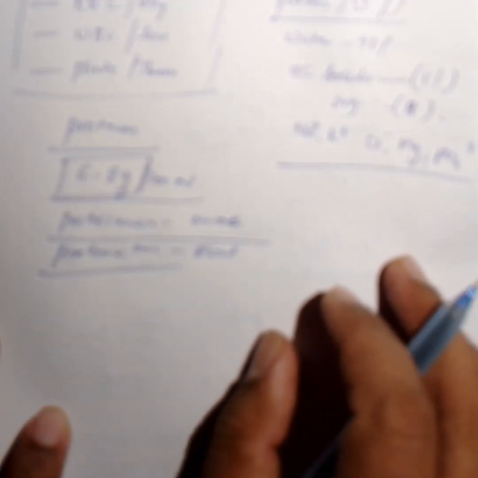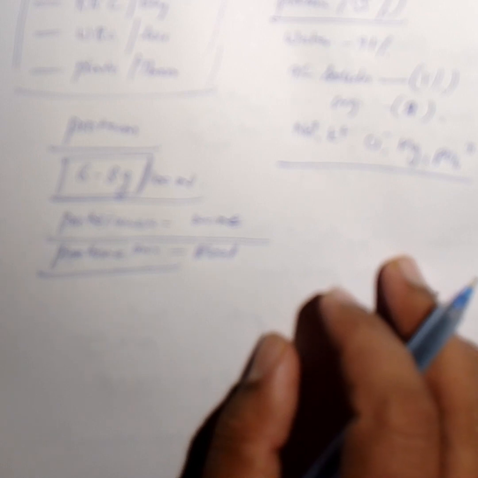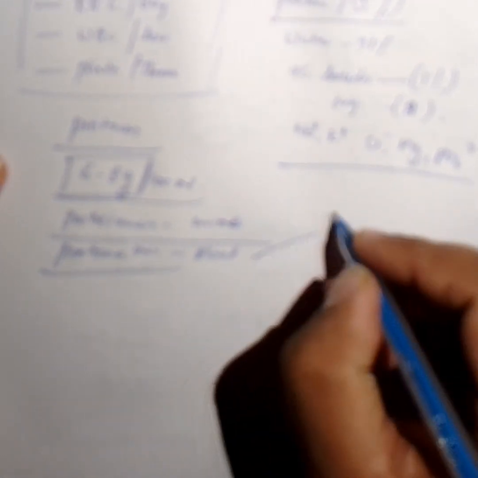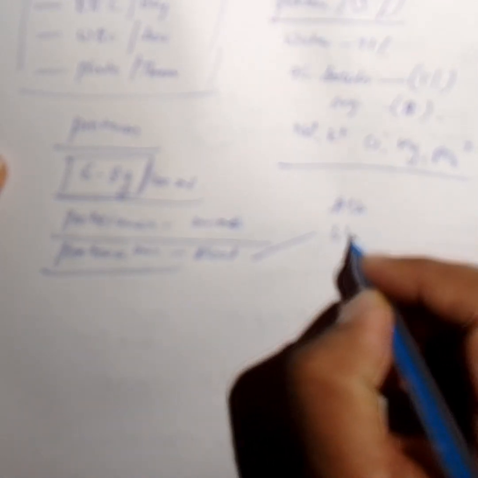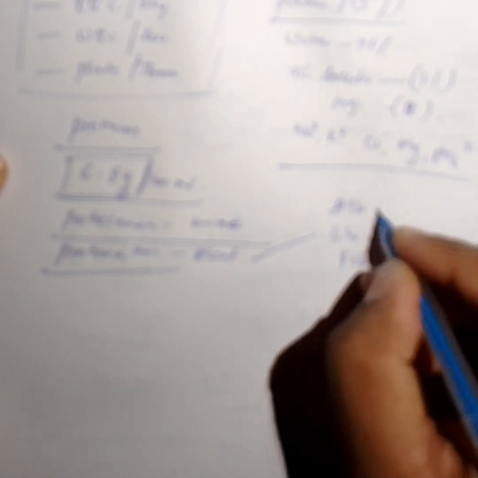And coming to the types of proteins, we can see albumin, globulin, and fibrinogen.